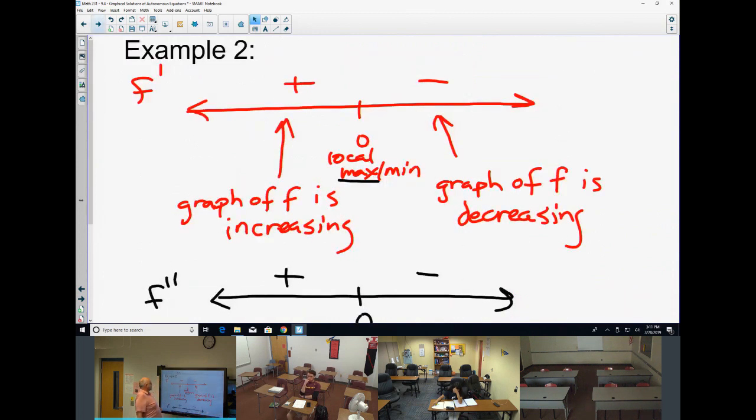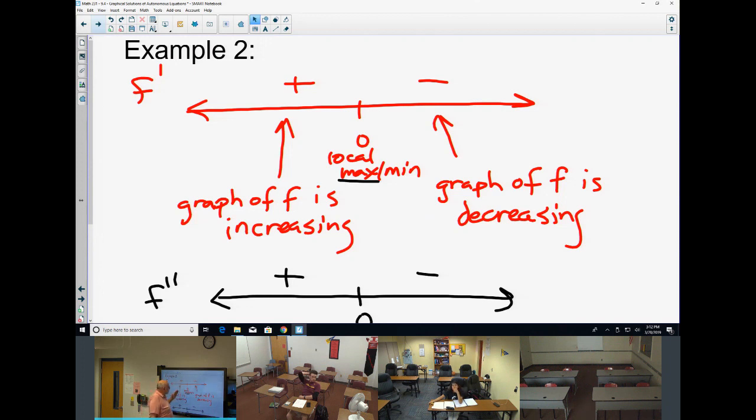All right. So when we did the first derivative test, when you plug into the first derivative where it's positive, that's where the graph is increasing. It's going up. If the first derivative test yields a negative value, that's where the graph is decreasing. Where it changes sign, where the first derivative is 0, that's where you have your local max and min.